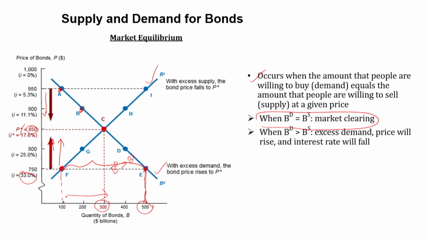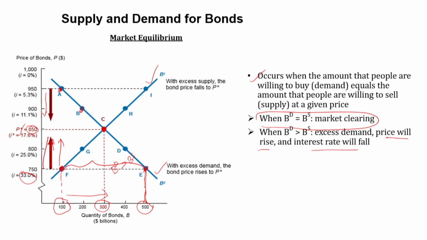But at this low price or high rate of interest, the bond supply is only $100 billion. That means the government or firms want to borrow only 100 billion, but the households, banks and other financial institutions want to demand bonds worth 500. Obviously, when there is excess demand, the price will rise and the interest rate will fall.